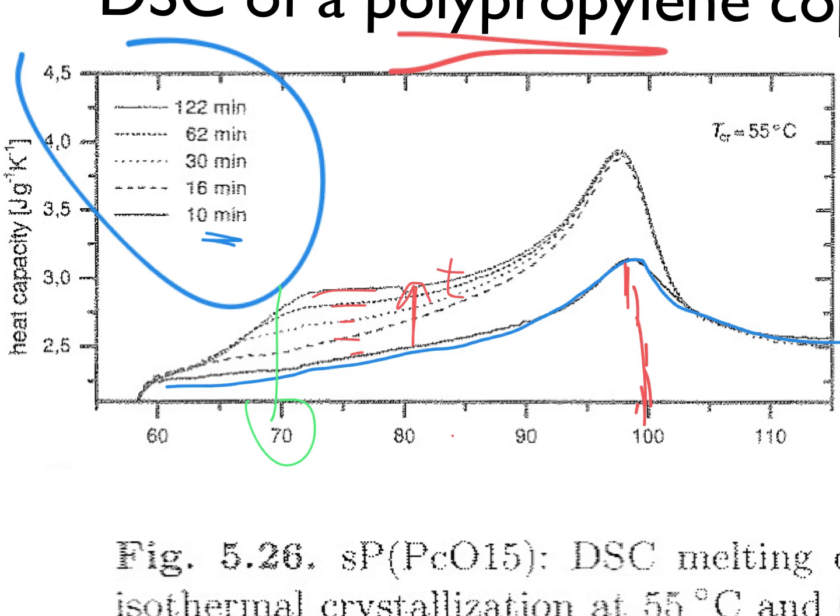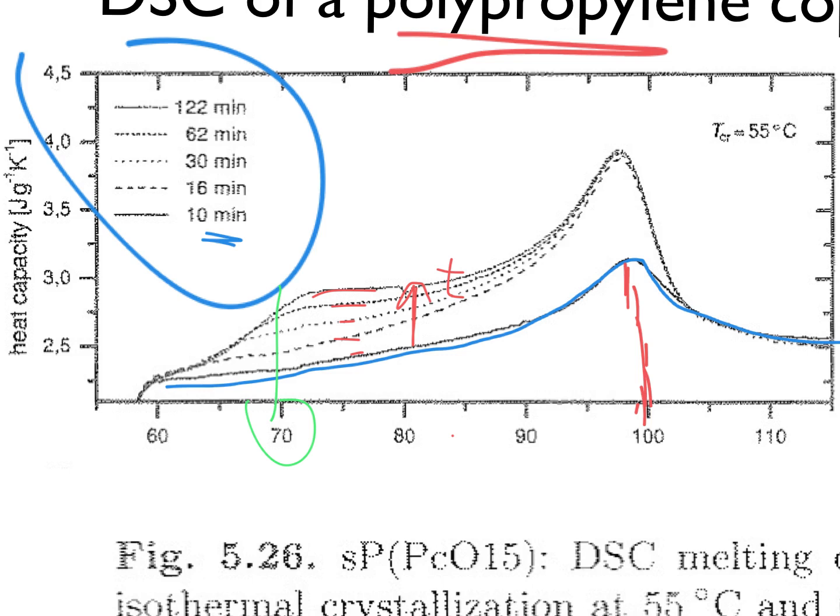Okay. So what that means is we are generating a range of crystals with dramatically varying degrees of perfection, and in some cases we get crystals that melt at temperatures as low as 70 degrees. Okay, and this is polypropylene, which has a strict melting point of 160 degrees.